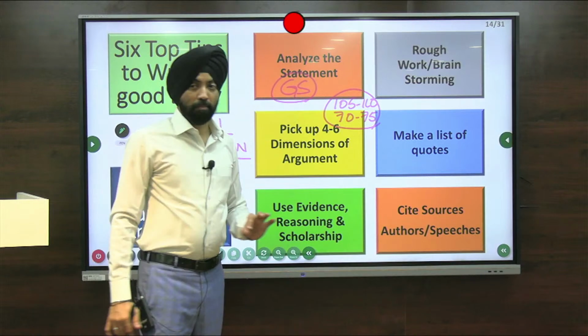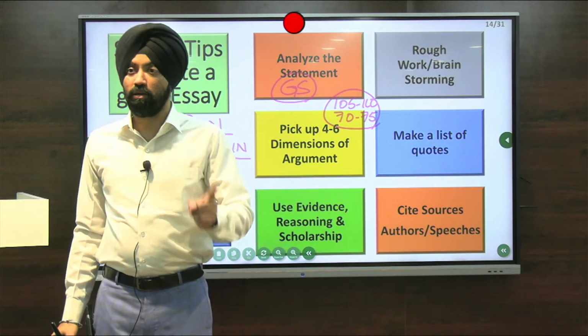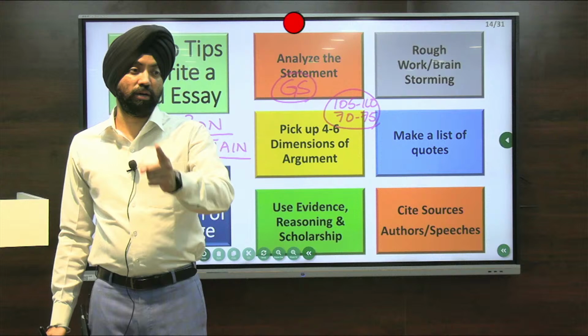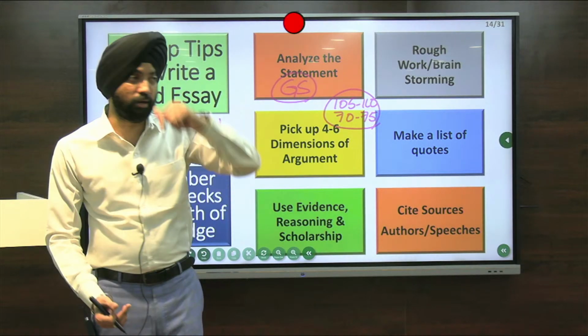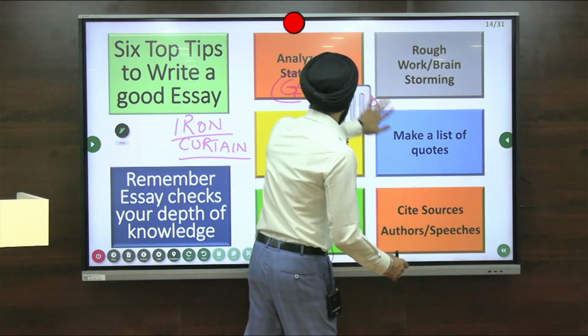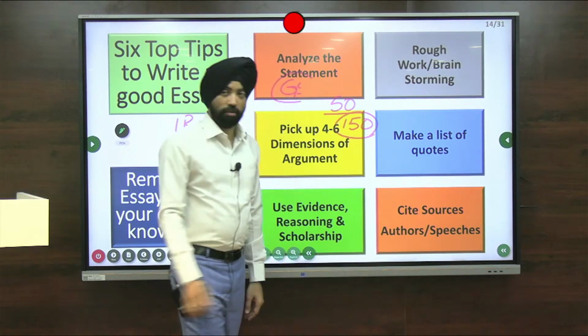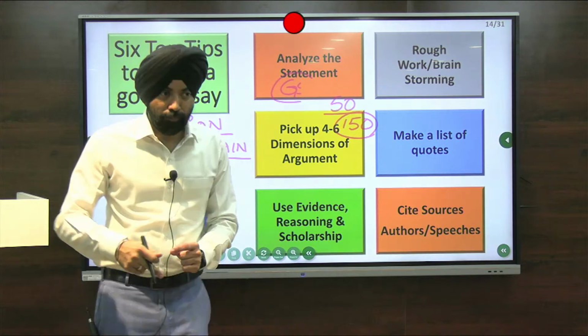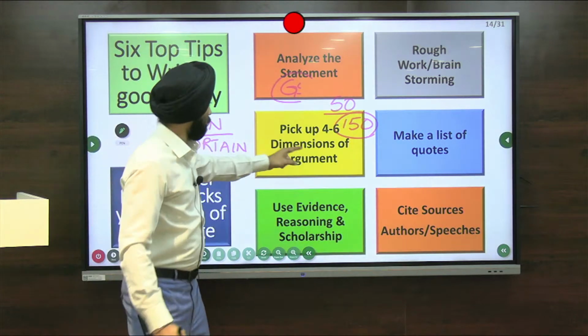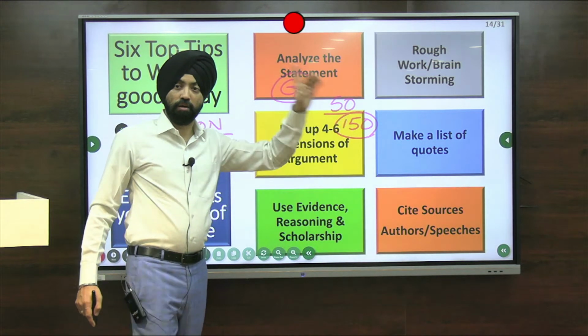But when it comes to papers like essay, ethics and optional, the variation is very wide. People will get in essay 50 marks also, people will get 150 marks also. Just see the difference. So the leapfrogging from others is happening actually here, not in GS.